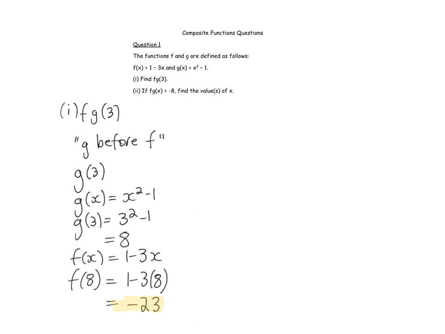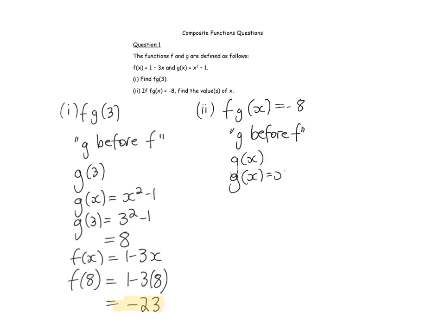The second part of the question here asks us to, if f of g of x is equal to minus 8, find the values of x. So fg of x is equal to minus 8. So first of all, we have to do g before f. So we know we want g of x, and g of x is equal to x squared minus 1.